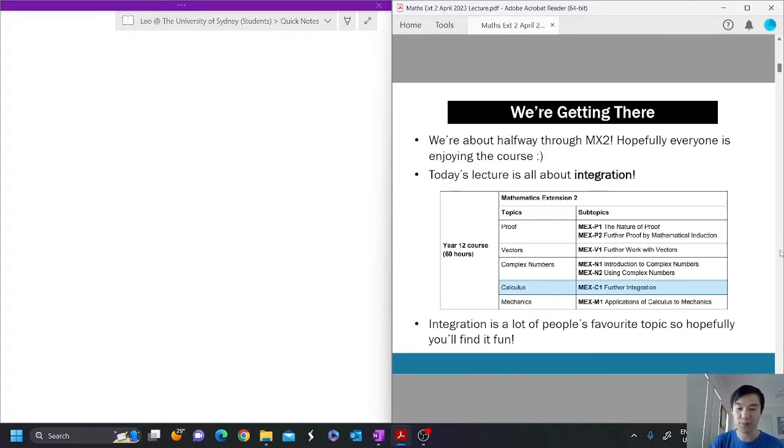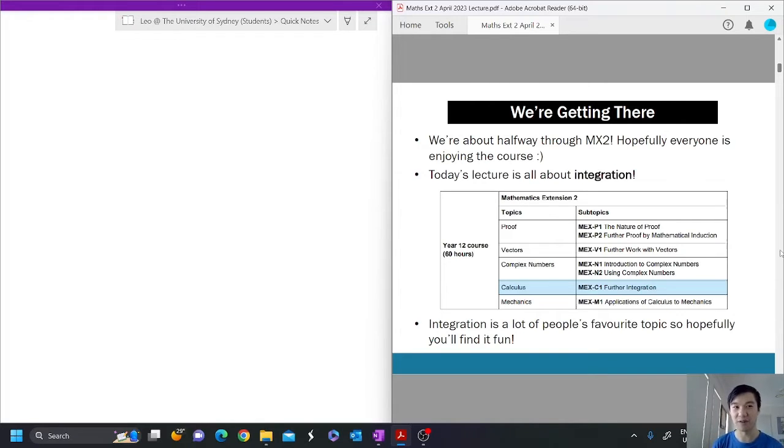You've got your proof topic, where you learn nature of proof and further proof by mathematical induction, all that contrapositive, negation, implication kind of stuff with quantifiers. Vectors, where you looked at 3D vectors. Complex numbers, where you looked at imaginary numbers, Argand diagrams and modulus-argument form. And then you also have a calculus topic, which is the topic we'll be covering today, and also a mechanics topic.